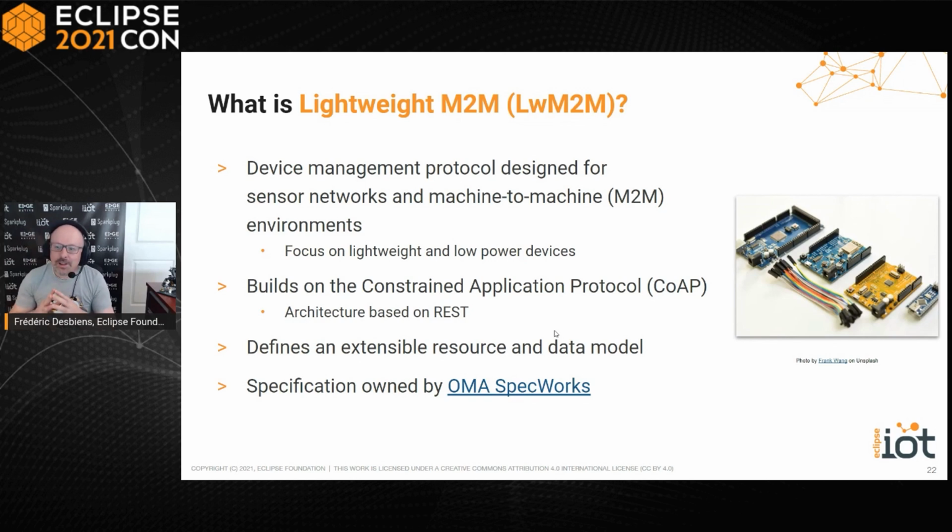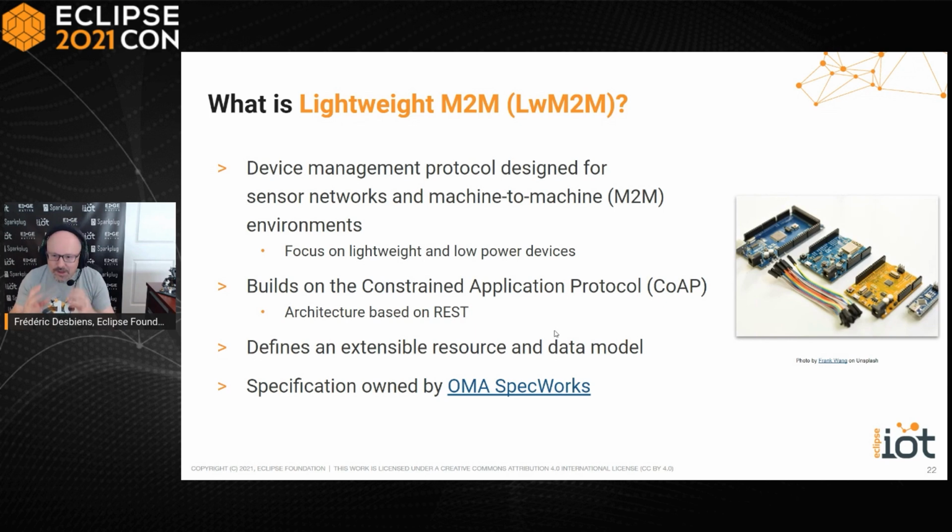Now, focusing on lightweight M2M. Lightweight M2M builds on top of CoAP. So everything that I said about CoAP is true for lightweight M2M, but really it's a higher level protocol designed for sensor networks and machine-to-machine environments, okay?